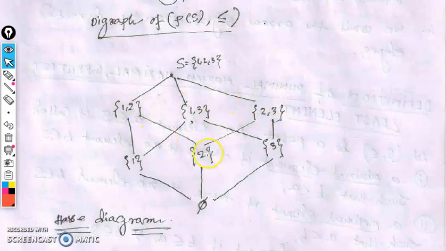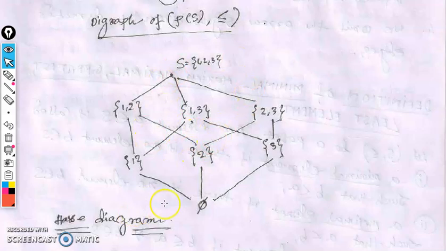So you should not make a line from 2 to 1, 3, because 2 is not a subset of 1, 3. 3 is covered by 1, 3 and 2, 3. So we should not make a line from 3 to 1, 2, because 3 is not a subset of 1, 2. And 1, 2, 1, 3 and 2, 3 are all subsets of 1, 2, 3. So that should be your Hasse diagram.